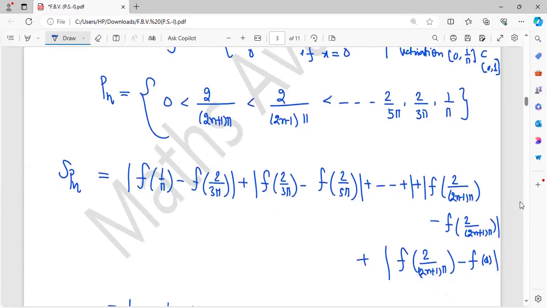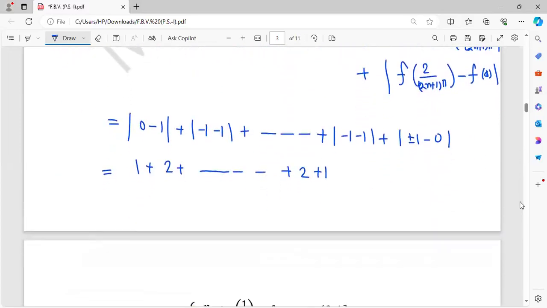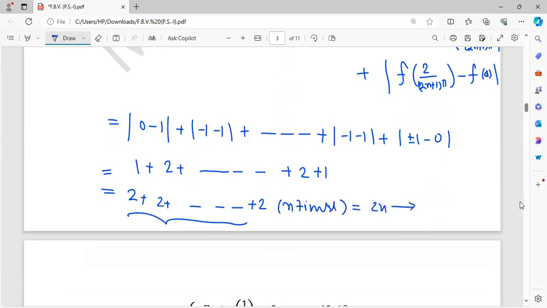So what is this? This is how many times? 2 plus 2 plus 2. This is n times. So 2n. It tends to infinity as n tends to infinity.